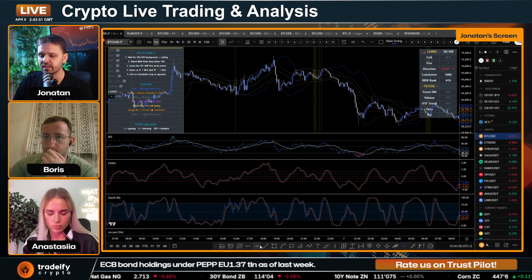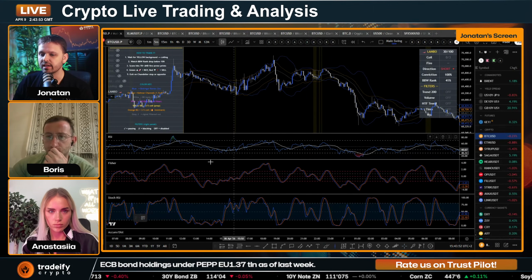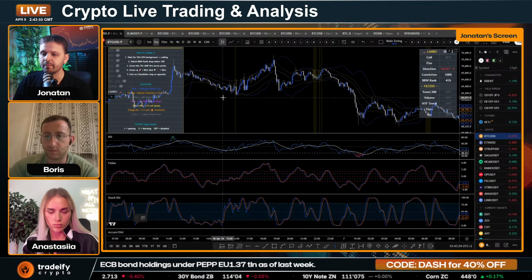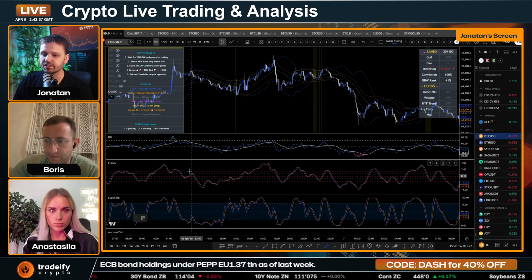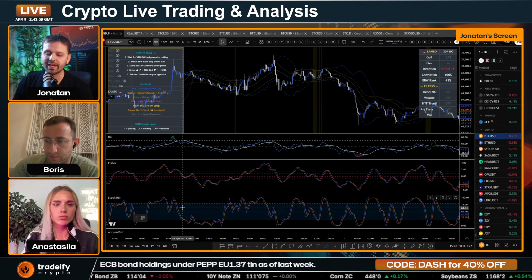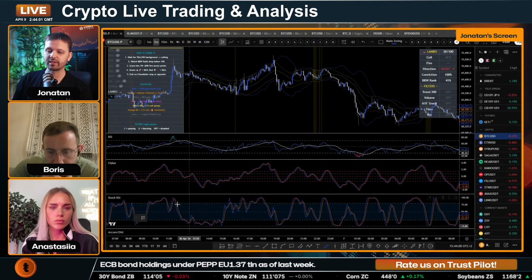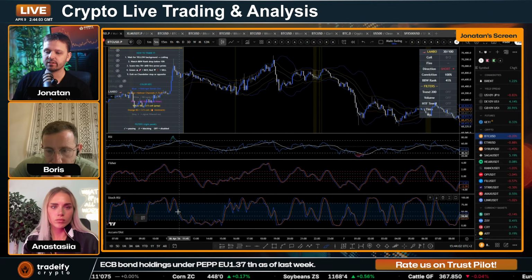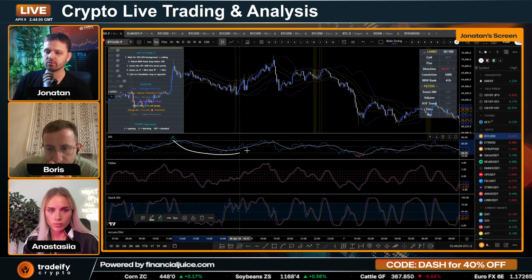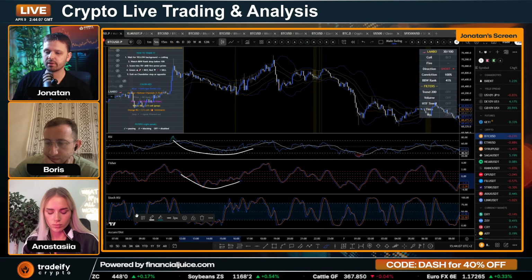Stochastic RSI obviously is going to react faster than the RSI, but you get that down move on all of these momentum indicators.